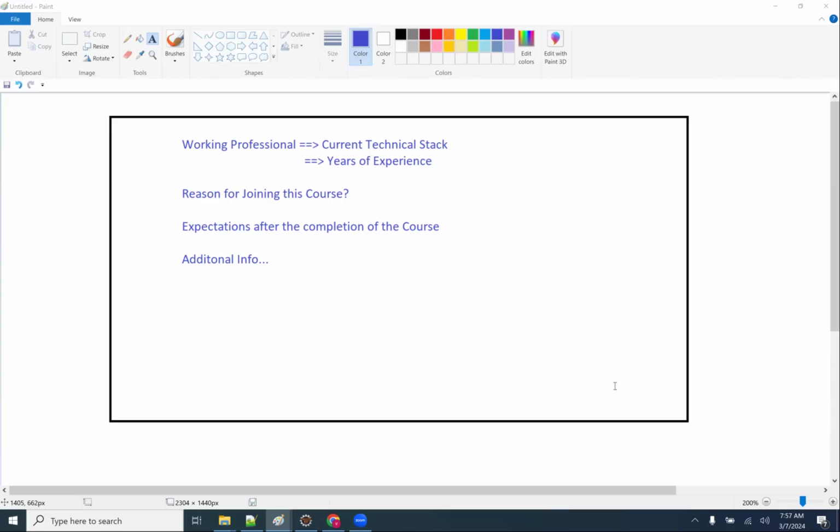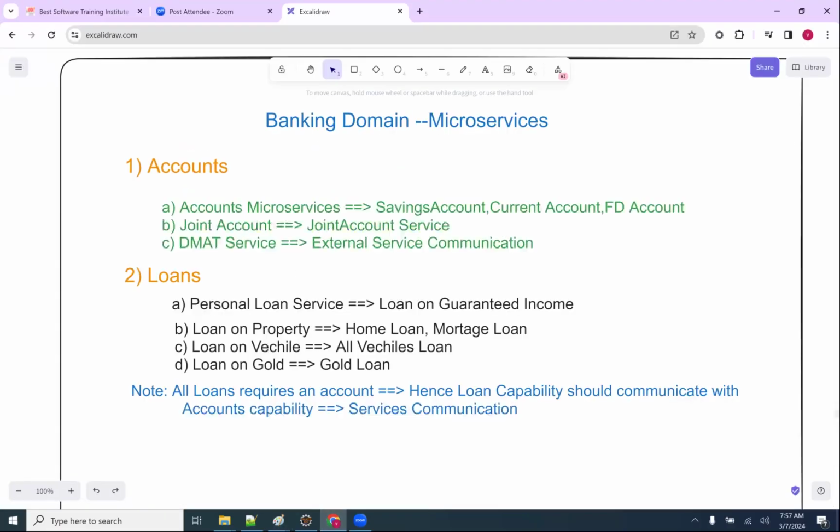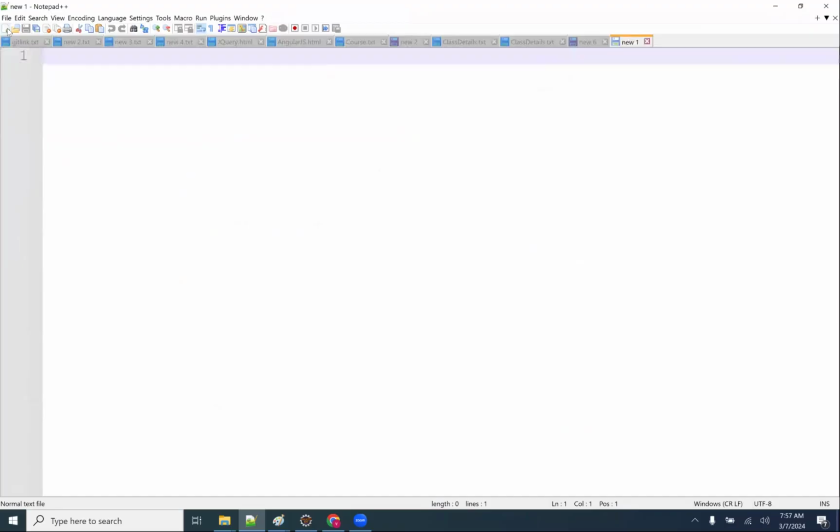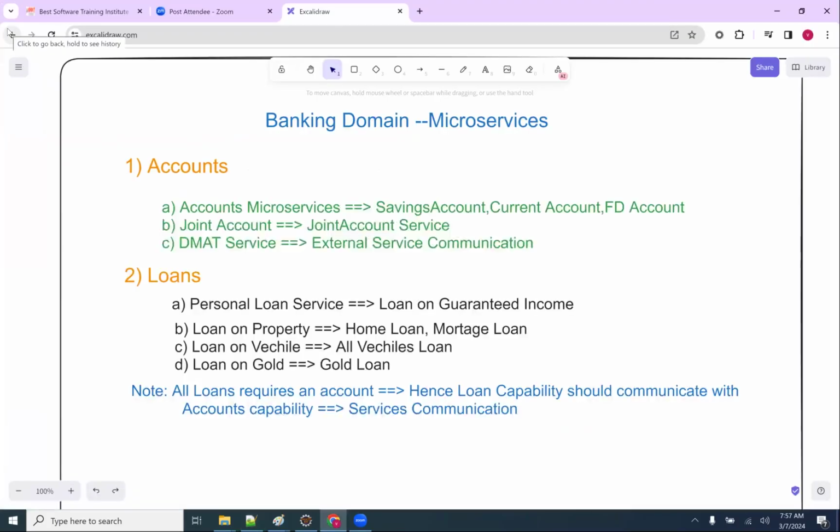One request from my side: if possible, can you provide notes in Notepad, sir? That would be helpful for referring to the notes. Sure, definitely. The only point is, if I write in Notepad, the look and feel you may not get like that.